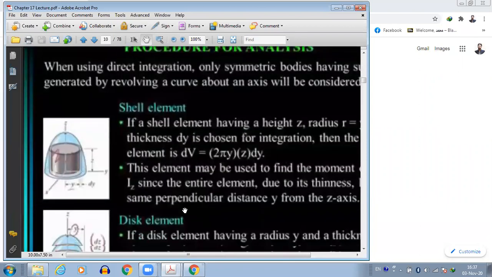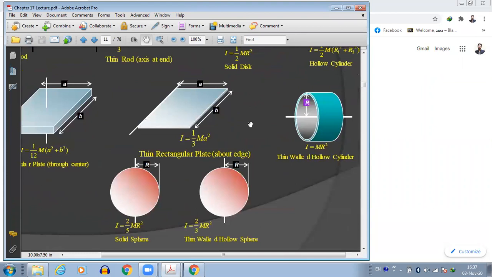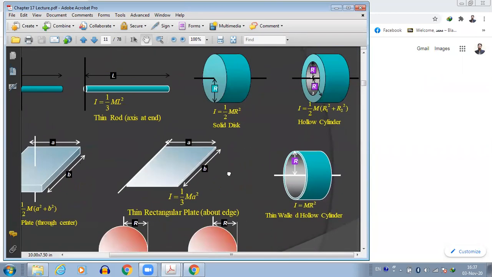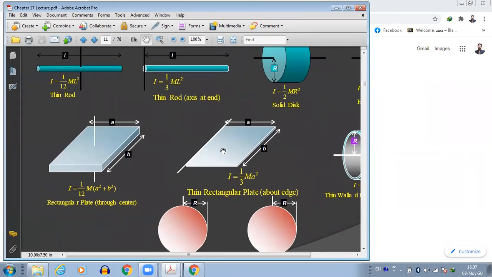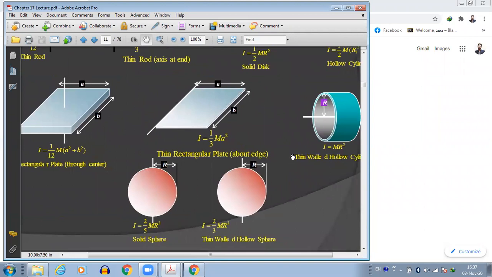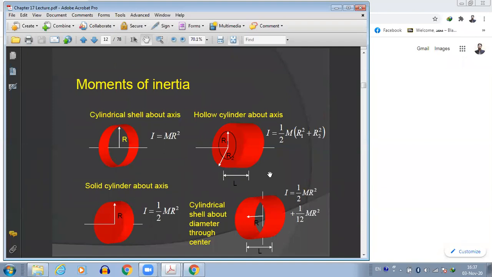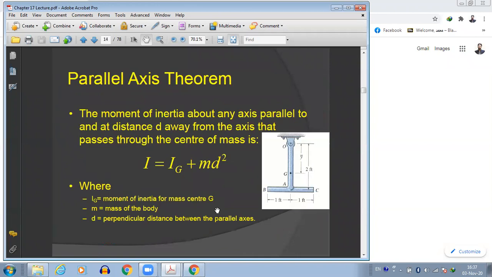But if you mean this, then no, these are the moment of inertia formulas. They will be provided to you in the exam. These are the same formulas written again, so you can go through them.